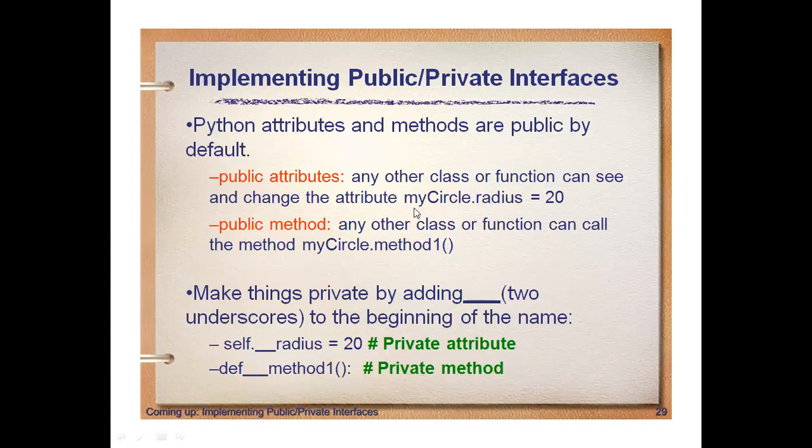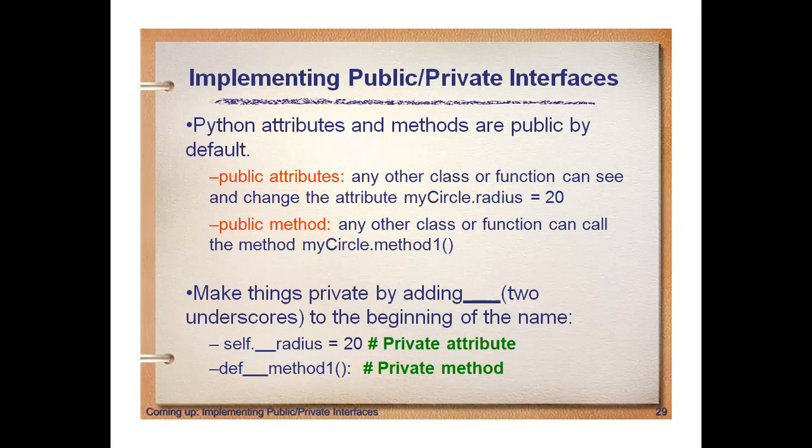Suppose for an object the attribute radius has the value 20. Some person came into my class and changed that 20 to 40. That is entirely open to them. For a public method, anyone can call my method. Now, what if I wish to make something private so that nobody can access it without my permission?